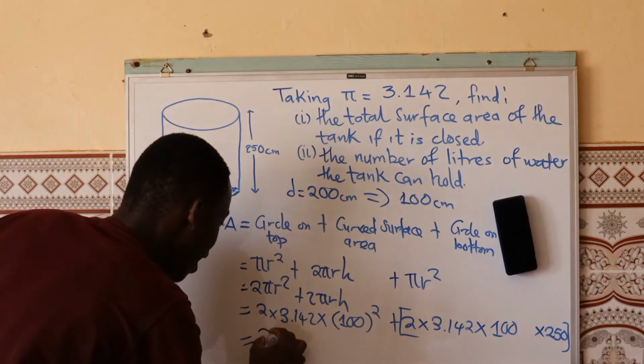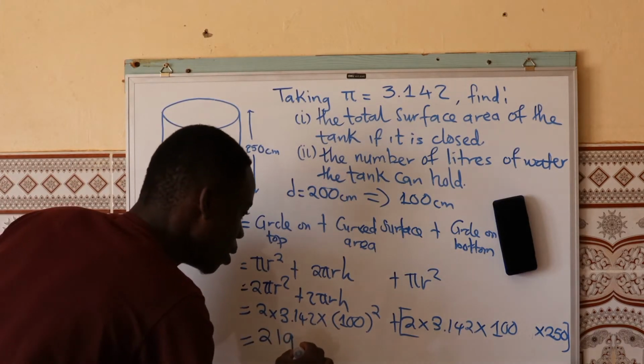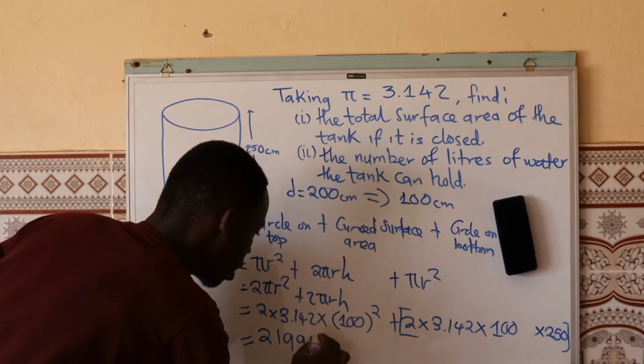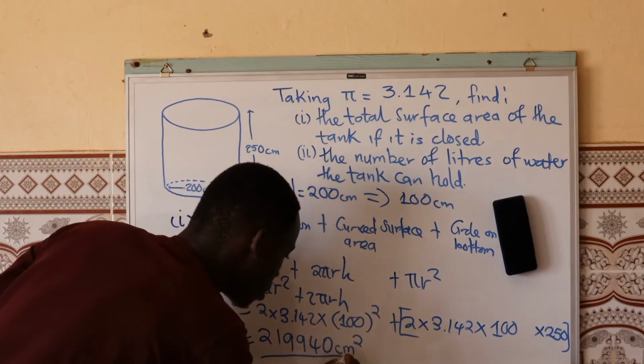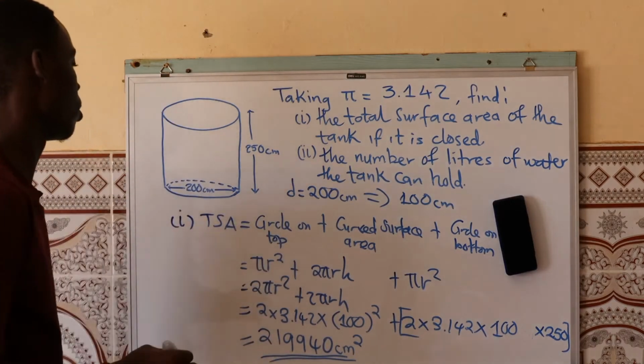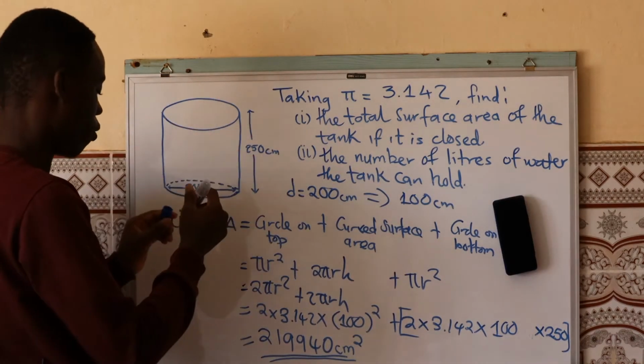This gives 219,940 centimeter squared. This is our total surface area of this cylinder.